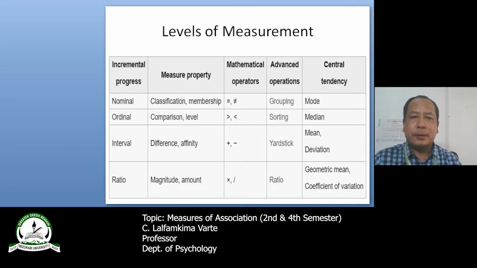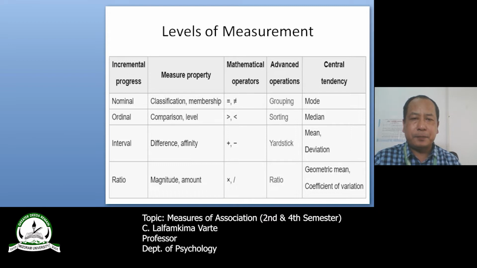At the ordinal level, we have comparison or differing levels, that is rank or ordinal position. So the mathematical operation that is possible is greater than or less than, and we can sort the individual cases based upon the differing level of measurement in the ordinal order.